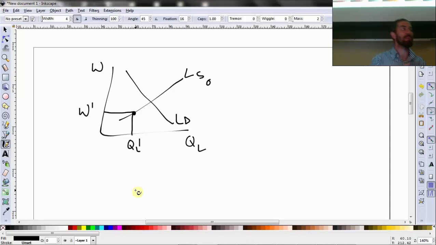If your retirement age goes from 60 to 65, it now means everyone who wanted to work between 60 and 65 but couldn't because of regulation now can work, right? Which means at any given wage rate, anyone that wanted to supply more labour can now supply more labour. So the labour supply curve shifts to the right. Yeah?